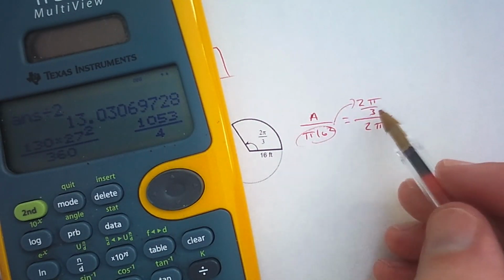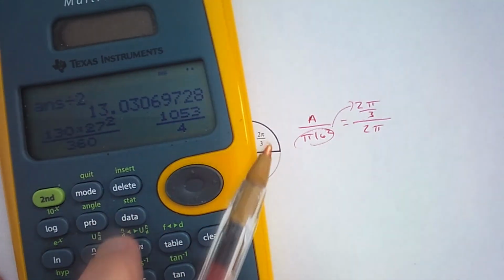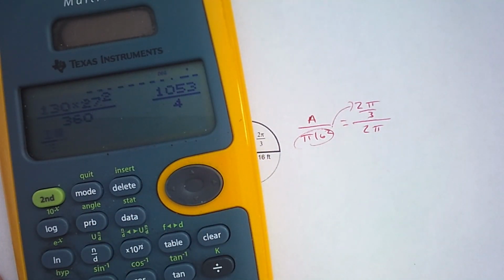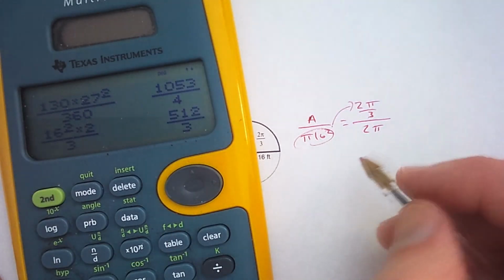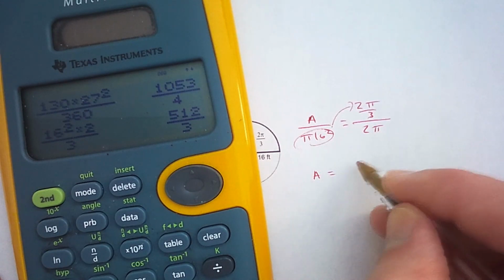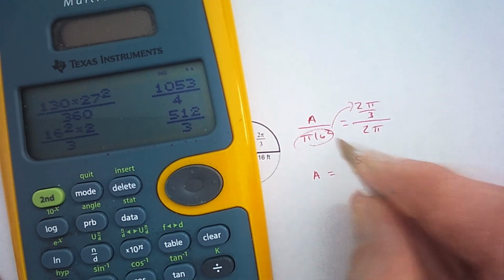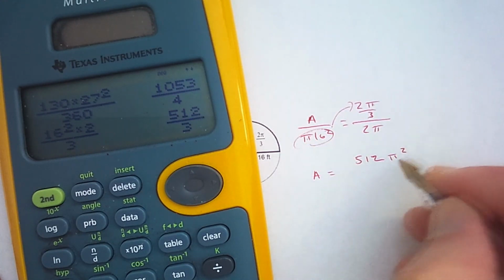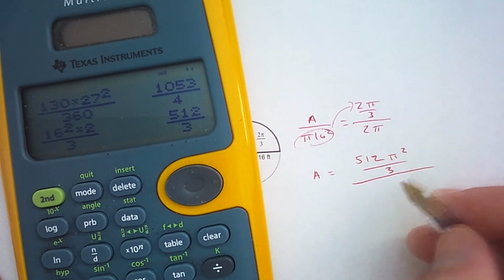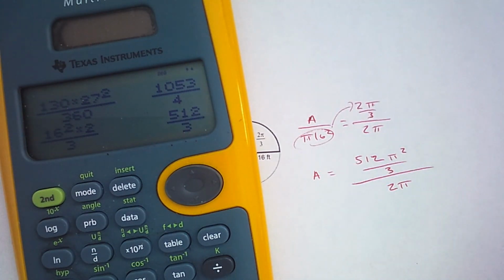But I also have 16 squared times 2 over 3. So I'll use a fraction for that. 16 squared times 2 over 3 is 512 over 3. So the area is 512 pi squared over 3 all over 2 pi.